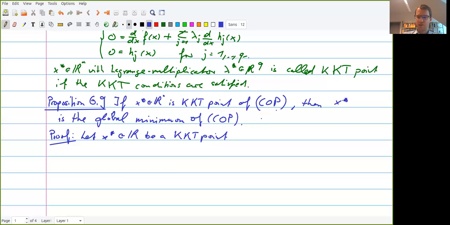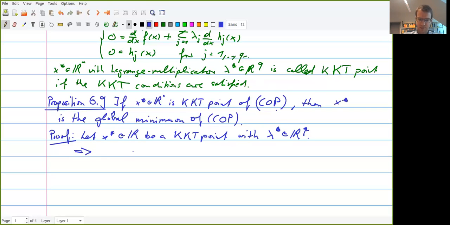This means also that there's a multiplier lambda star. This is part of the definition: that I find this x star, and that I could also find the corresponding Lagrange multiplier lambda star.